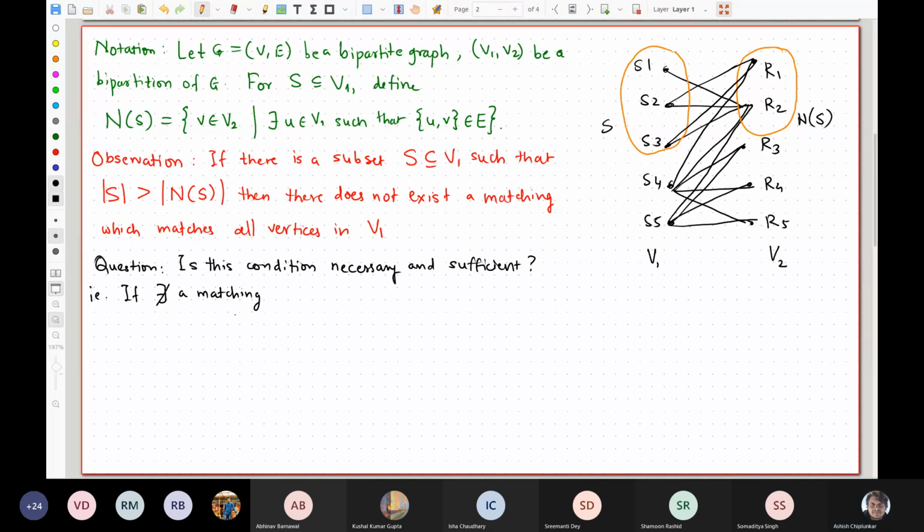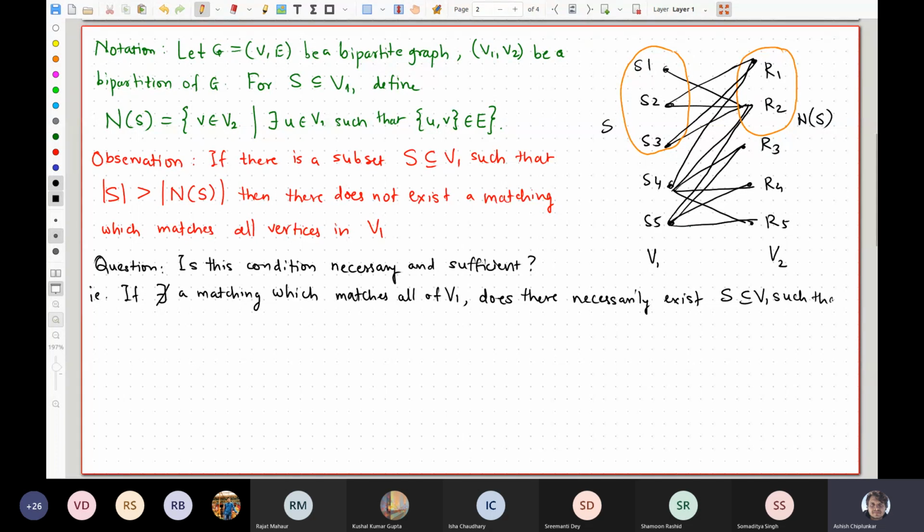So let's move on. If there does not exist a matching which matches all of V1, does there necessarily exist a subset S of V1 such that the size of S is strictly greater than the size of the neighborhood of S?